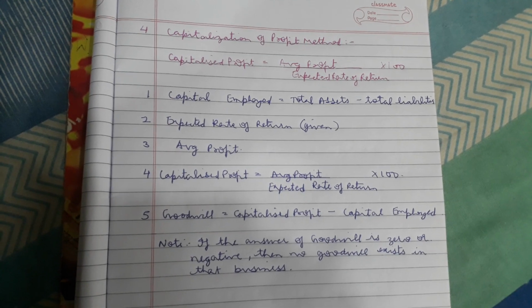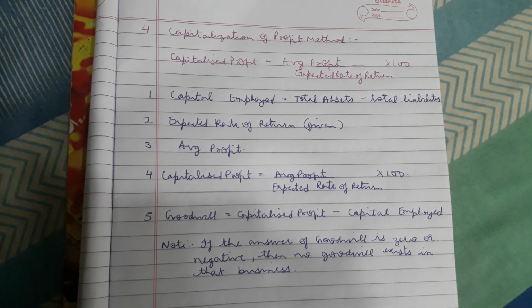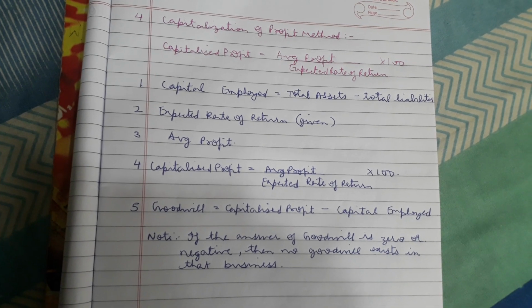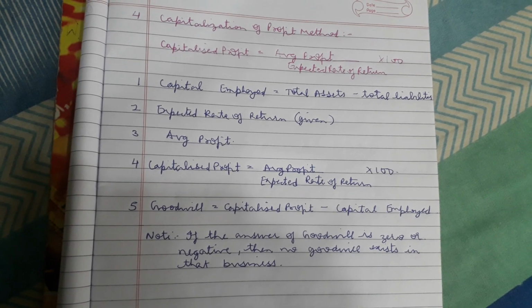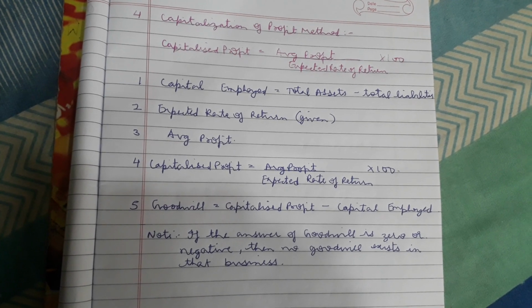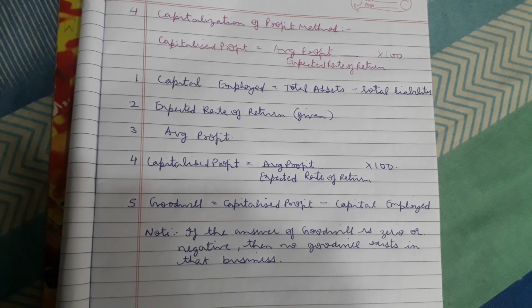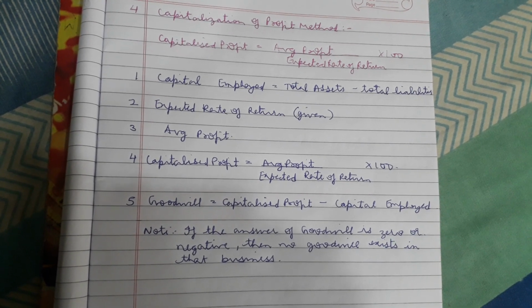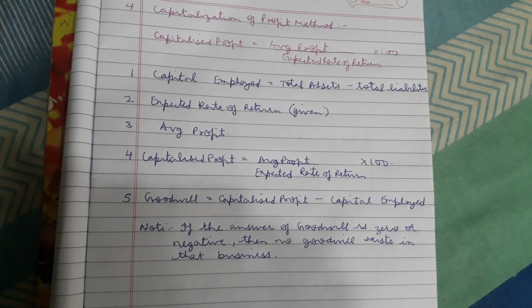You have to write down this method calculation in your notebook in the serial order, and when you do the sum you have to write the formula first and then put the value to find out the answer.